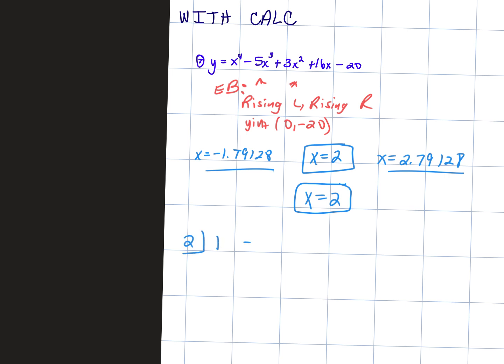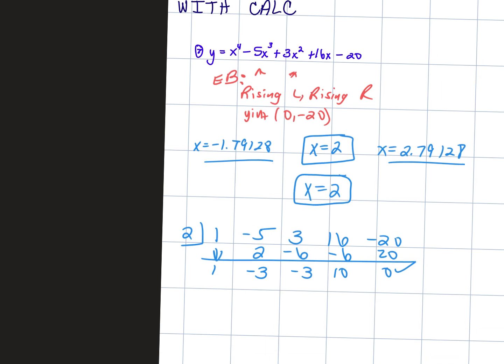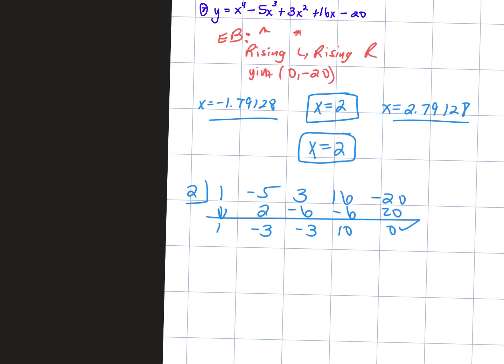I have 1, -5, 3, 16, and -20. So when we synthetically divide, 1 times 2, 2, -3, -6, -3, -6, 10, 20, 0. So yes, this actually is x equals 2, correct?